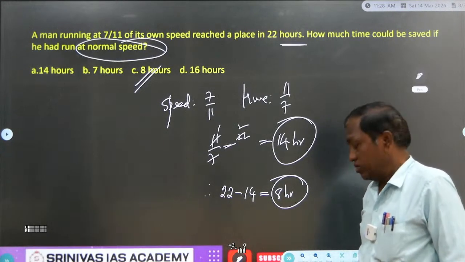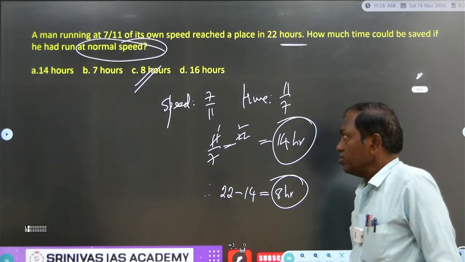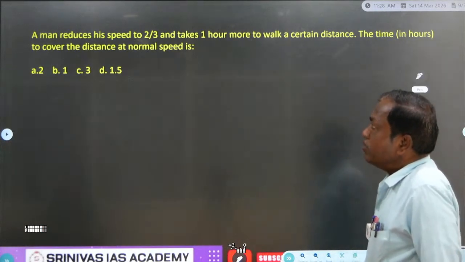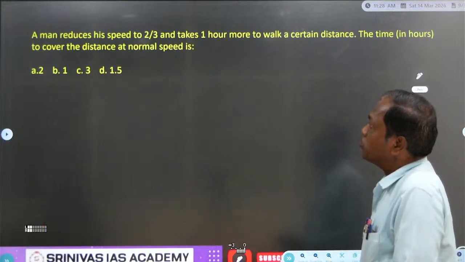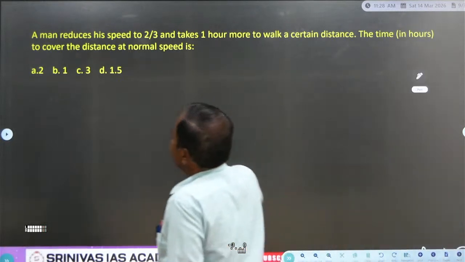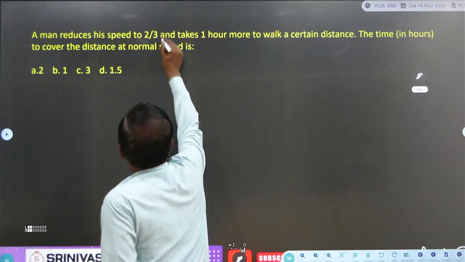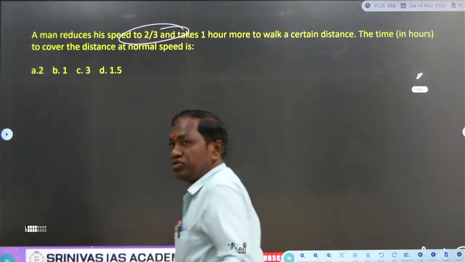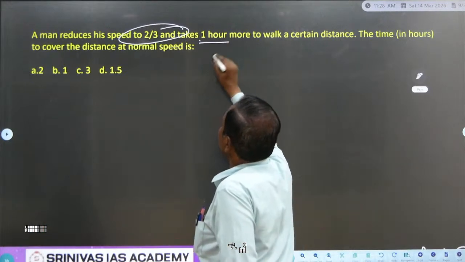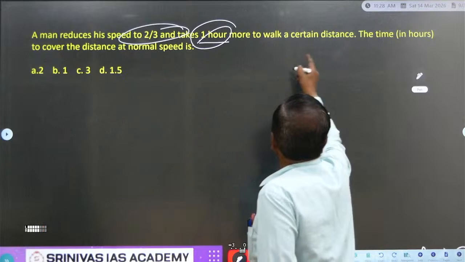That is the thing. Okay. Next, a man reduces speed to 2 by 3 and takes 1 hour more to walk a certain distance.